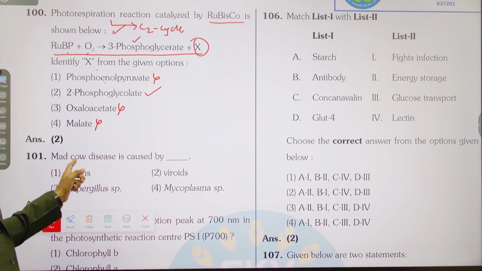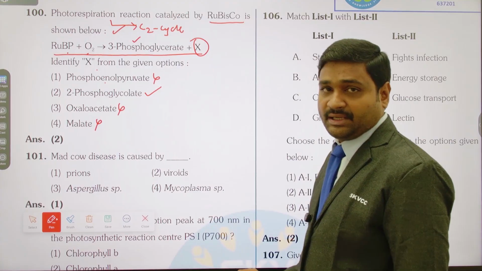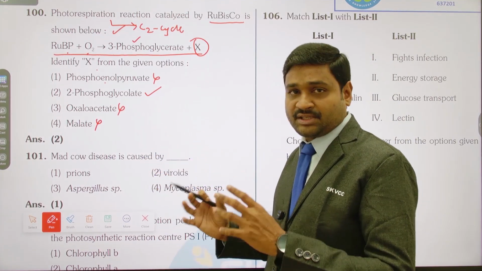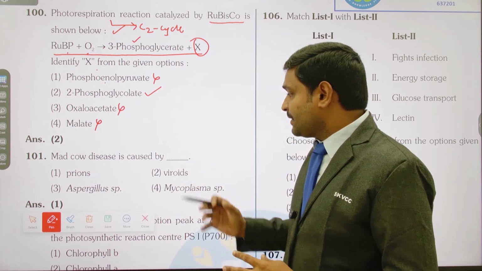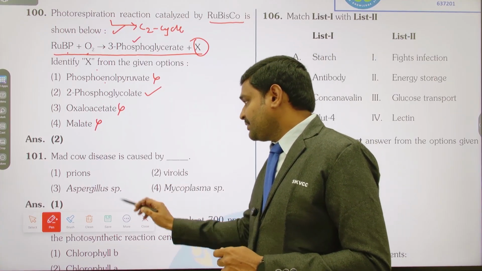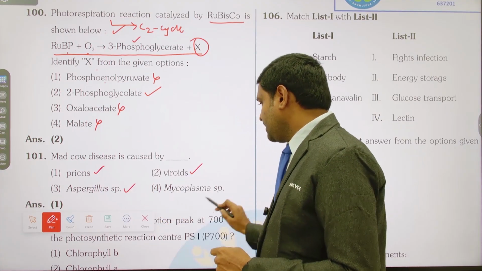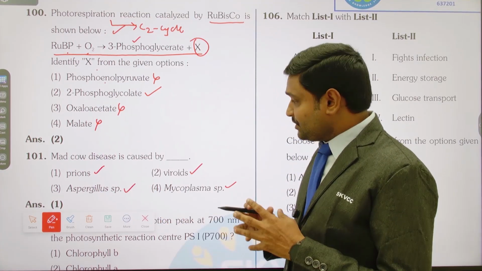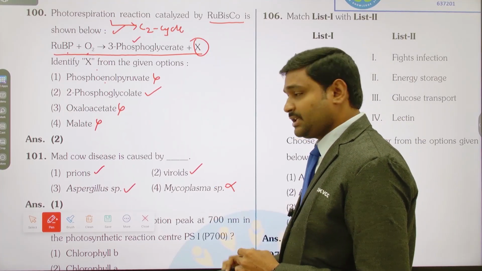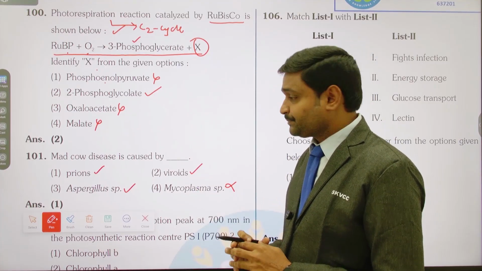Here, mad cow disease is caused by the... this is a straightforward NCERT line from chapter 2, Biological Classification. See the options: prions, viroids, Aspergillus and Mycoplasma. Mycoplasma is actually a bacteria, so it is not known to cause mad cow disease.